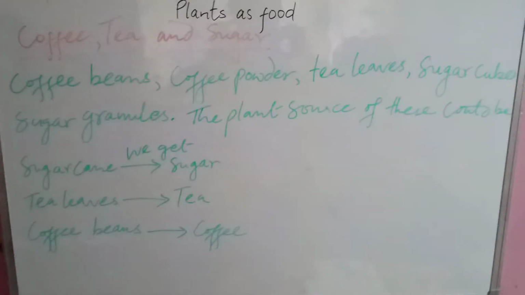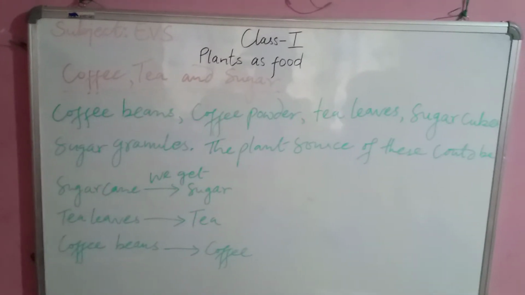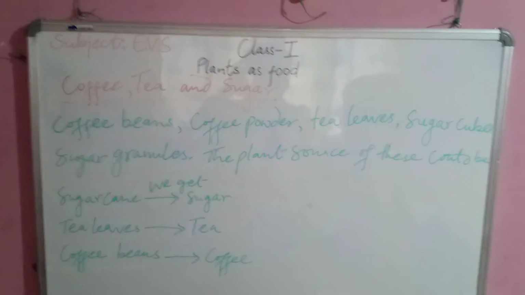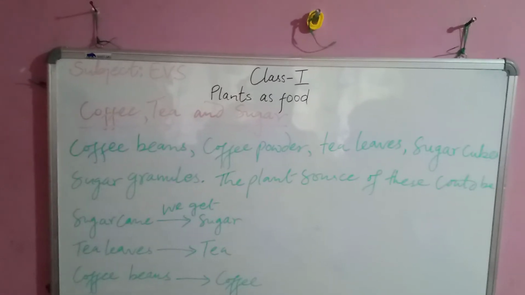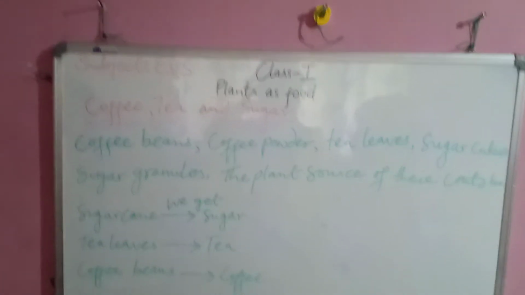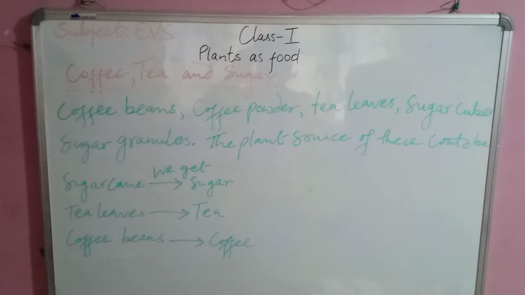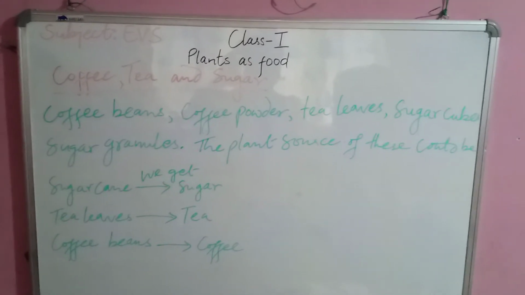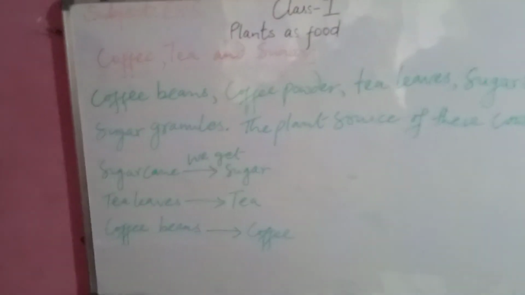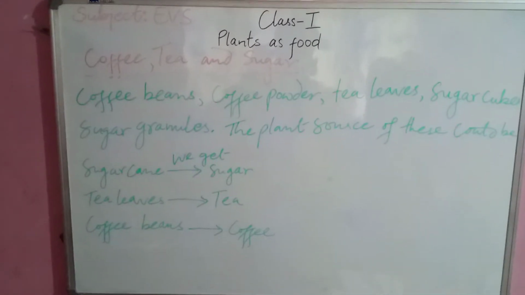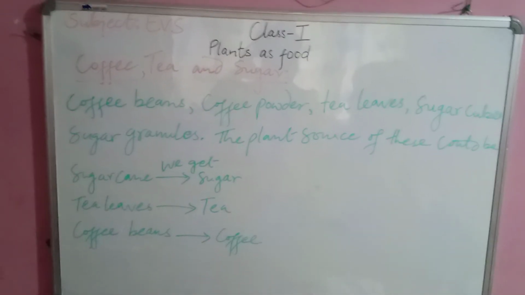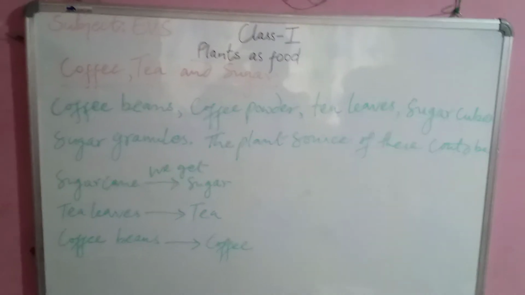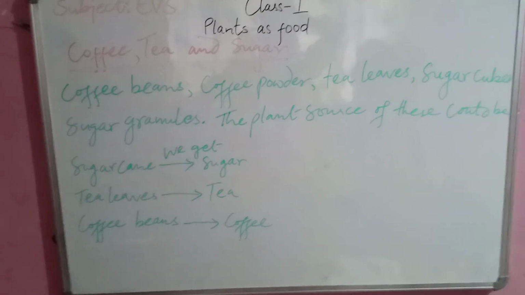There are a lot more things that we get from plants apart from these three, coffee, tea and sugar. There are food items available in the market which we can obtain from plants, like chocolates, fruit juice in a Tetra Pak, fruit jams and tomato ketchups. So this will be your assignment for today.